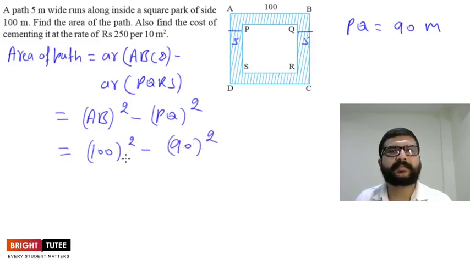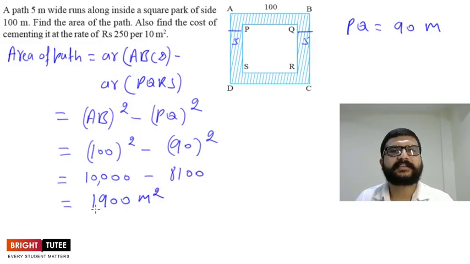Now what is 100 square minus 90 square? 100 square is 10,000 and 90 square will be 8100. Now 10,000 minus 8100 is 1900 square meters. So this is the area of the path.